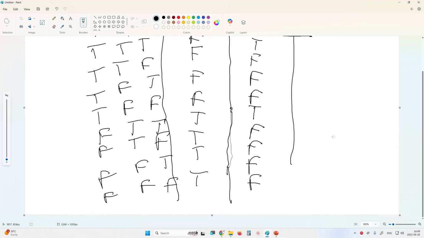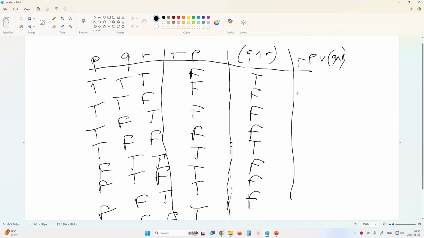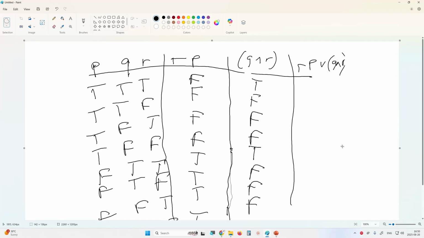So I have one extra that is not supposed to be here. Okay, I think I just missed my alignment. Yeah, I missed my line.